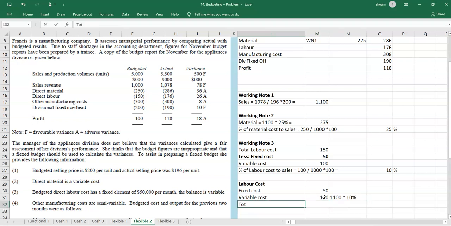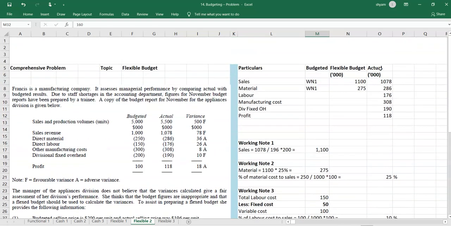So the total labor cost would be 160. You can put this 160 here. So labor cost is 160.